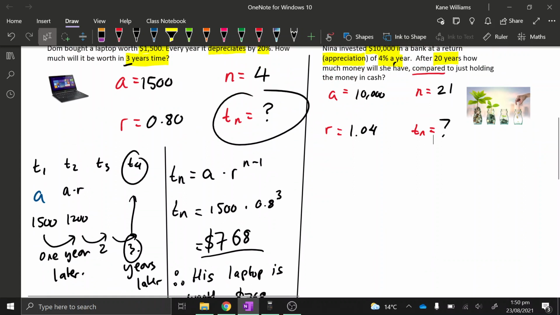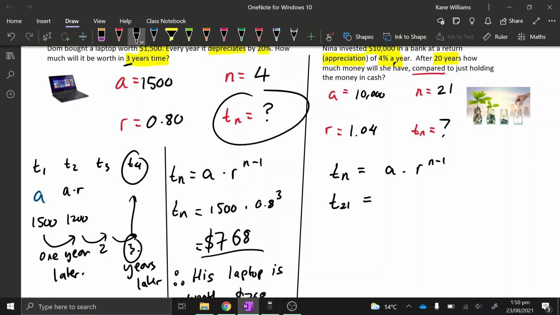Right, formula time. Tn is A times R to the power of n minus 1. Chuck it all in. Tn we don't know. Let's be a bit fancy, a bit different. Instead of saying Tn, we're going to call it T21. So the 21st term, or the money on the 20th year.